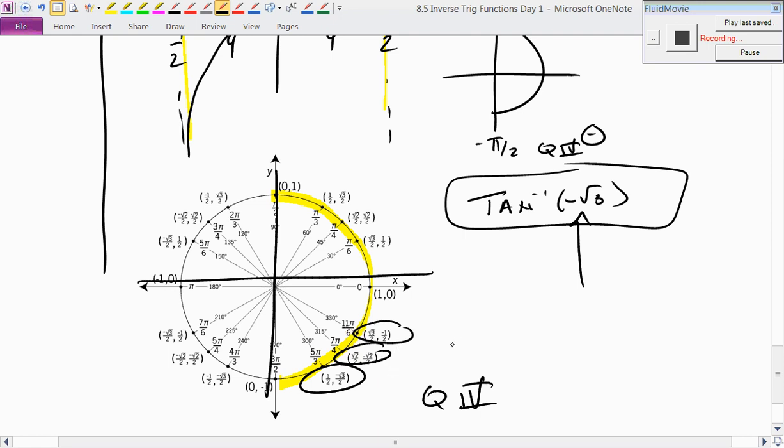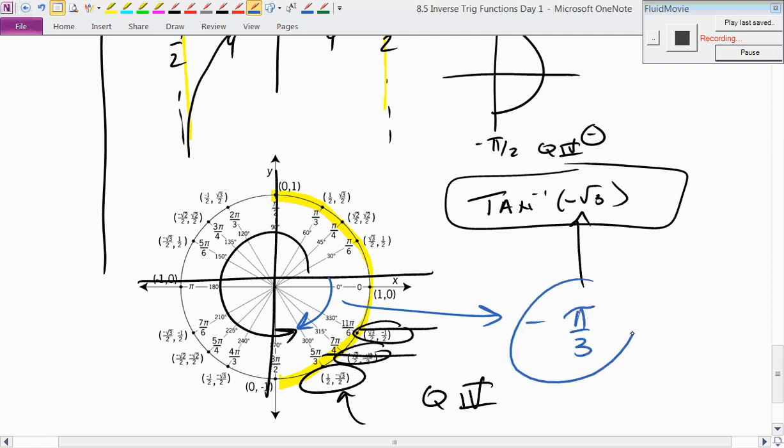Is it 11 pi over 6? No, it's definitely not the middle one, so it must be this one. Now, is the answer 5 pi over 3? No. Why not? Because that would be going around, outside of our boundary. So instead, we need to swing down, and the answer is negative pi over 3. Beautiful job.